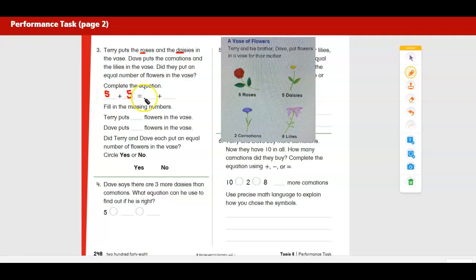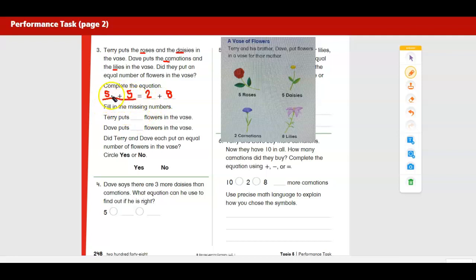Now I want to write my second equation where Dave puts the carnations. So there are 2 carnations and lilies. There are 8 lilies. So now that I've filled in my equation, 5 plus 5 equals 2 plus 8, I want to solve my equations. So first I'm going to solve for Terry's side.